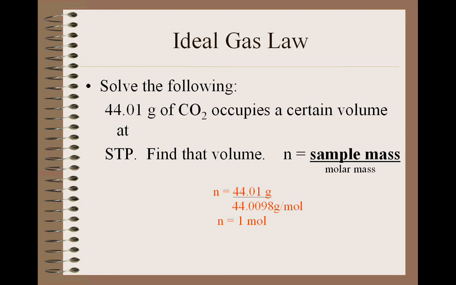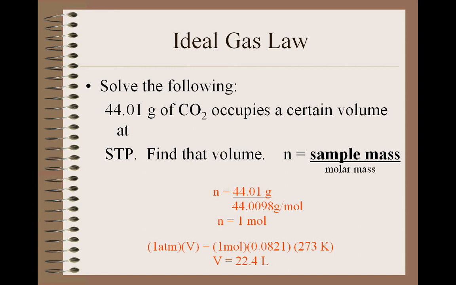So 12 plus 32 is 44. Okay, so we have a 44.01 sample divided by 44. If we round it, it would be 1. We have 1 mole of CO2.